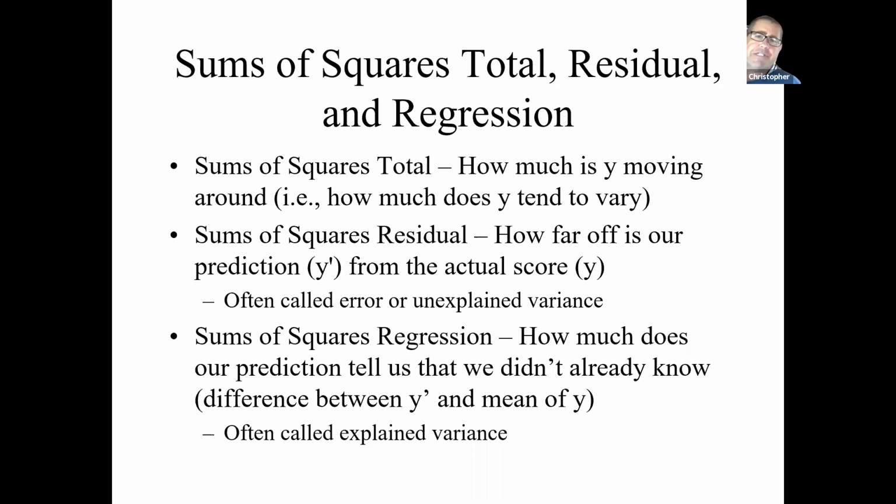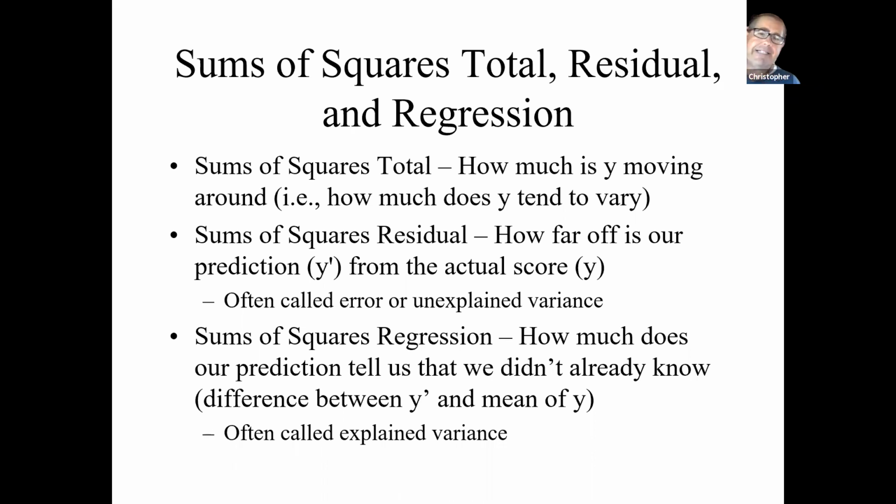The last value is sums of squares regression. How much does our prediction tell us that we didn't already know? Without any information about the relationship between X and Y, I know that the mean for Y is 35. That's a baseline piece of information I could use. I could just guess everybody's getting a 35, and I would have some level of accuracy just by knowing the mean.